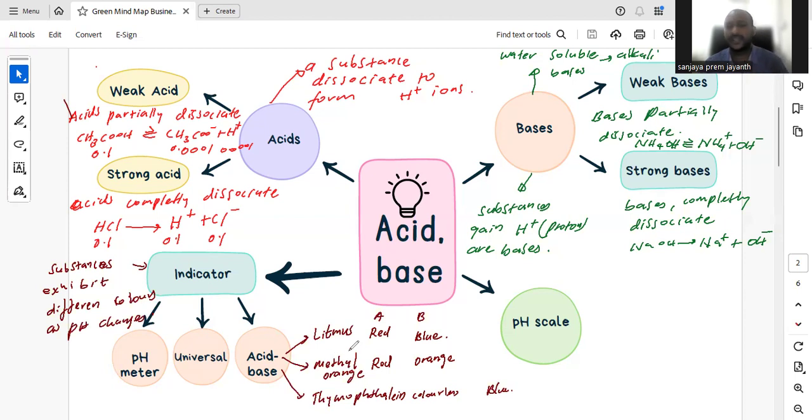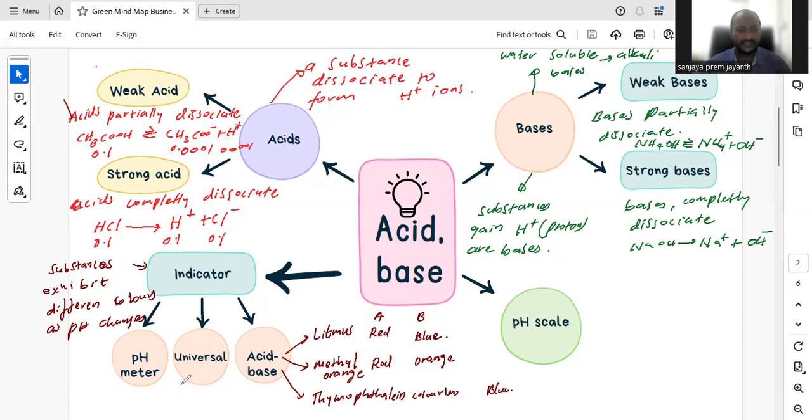Acid-base indicators you can use to identify whether a substance is acidic or basic. But you can't identify what pH level you have. Usually the pH scale goes from 1 to 14. Whether it's strong acid or weak acid, you can't understand using an acid-base indicator, so we use universal indicator.